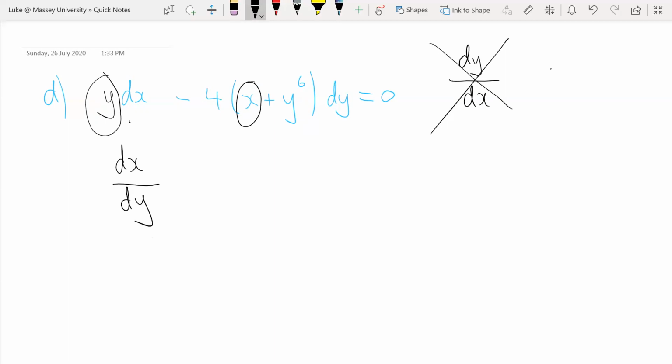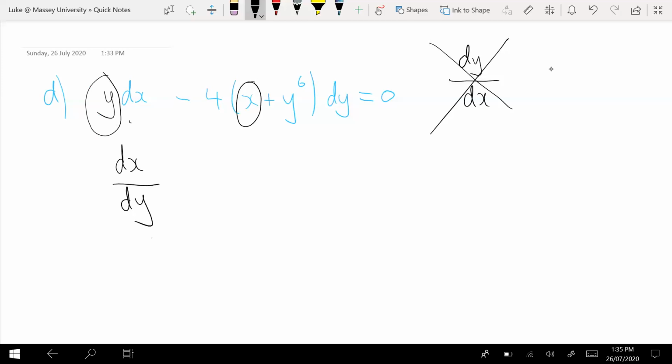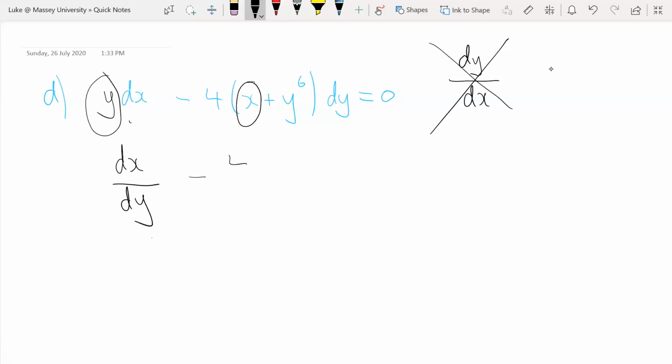If I do that, I get dx by dy minus 4x over y equals 4 times y to the power of 5, if I write that on the right hand side like that. I had missed an x there.